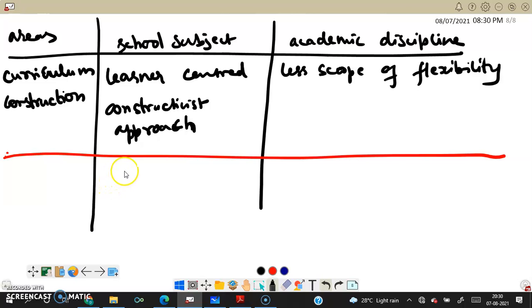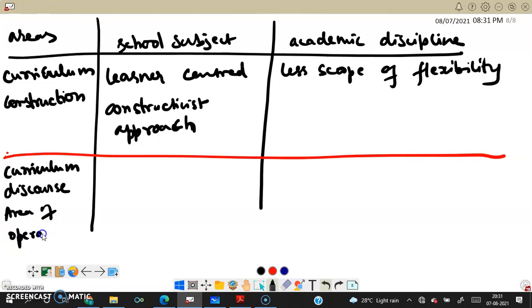Curriculum discourse, area of operation. You can call it the area of operation. This is limited to schools.